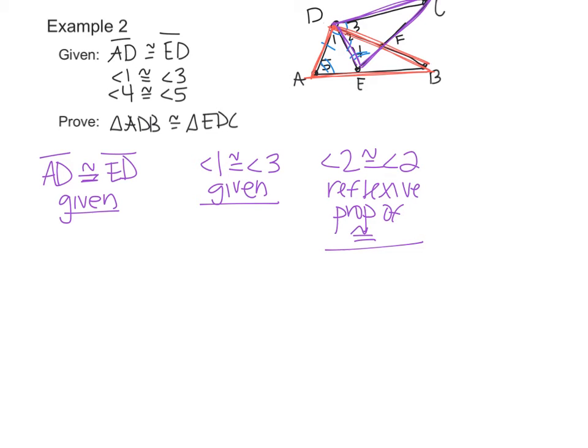Okay, so now let's take a minute and think. If I add up angle 1 and angle 2, that gives me this whole angle here. And if I add up angle 2 and angle 3, that gives me this whole angle here. So I know that angle 1 plus angle 2 equals the measure of angle ADB, and the measure of angle 2 plus the measure of angle 3 equals the measure of angle EDC.